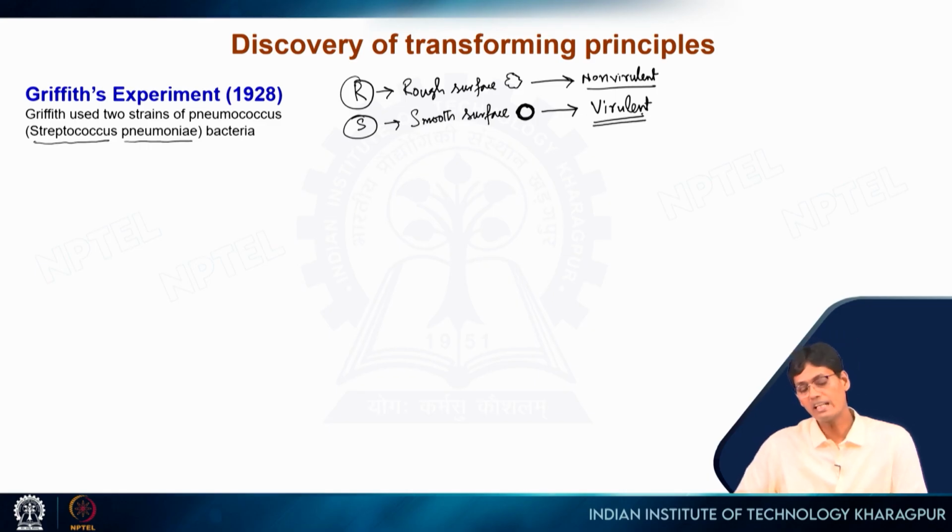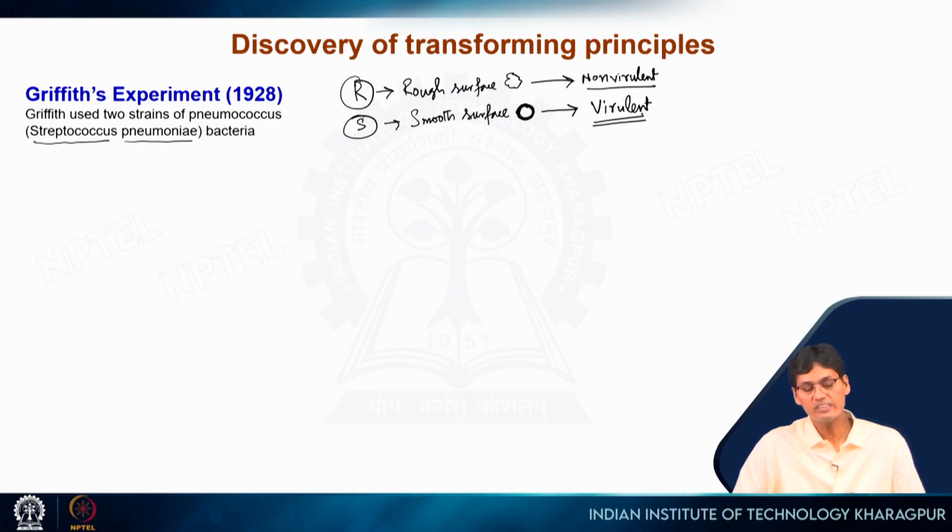If we inject the S strain, the mouse will die. Why is the smooth bacteria virulent? Because of the polysaccharide coating outside, they escape the host immune system, which cannot detect them properly. As a result, the S strain can multiply and cause disease, and the mouse will die.